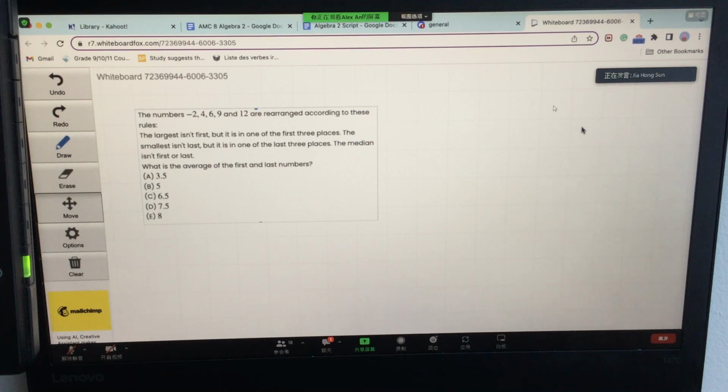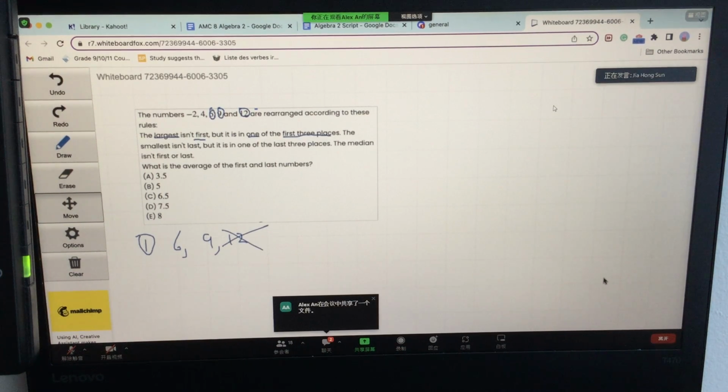This one gives you two vital pieces of information. First, the largest isn't first, but it's one of the first 3 places. The first 3 places are 6, 9, or 12. It can't be 12, because it's the largest.